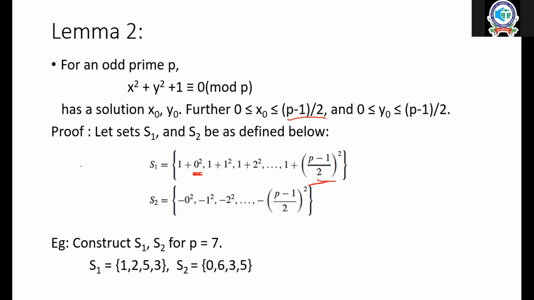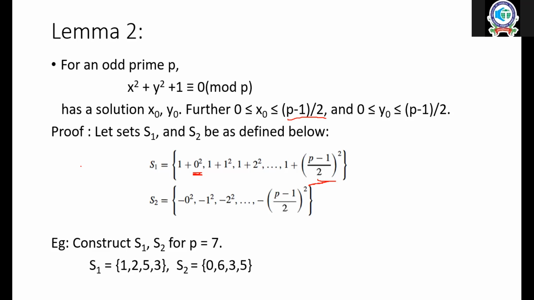They are distinct. For example, with p equal to 7, 1, 2, 5, they're all distinct. And 3, 5 are also distinct, independently, S1 and S2.